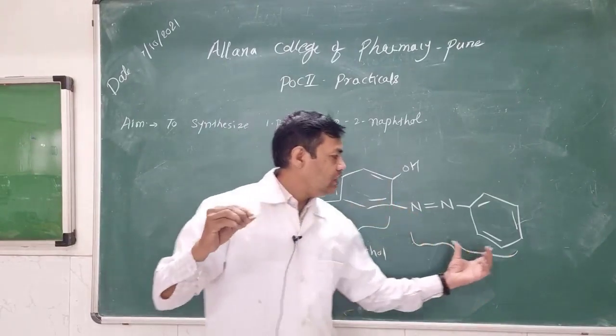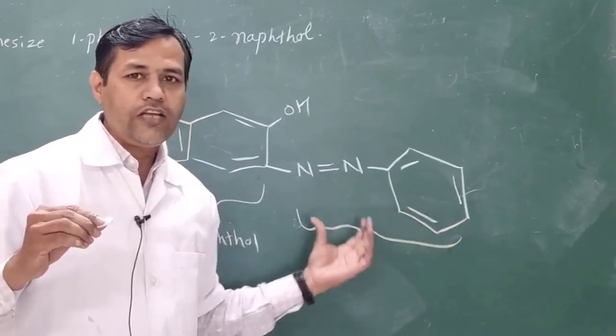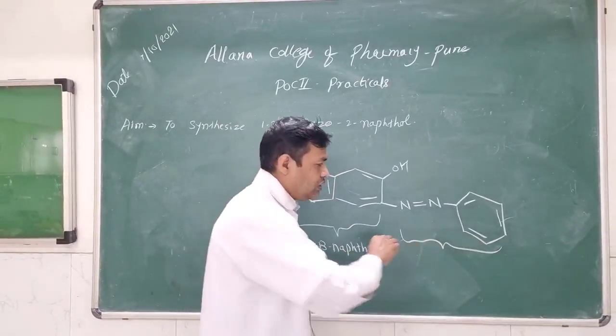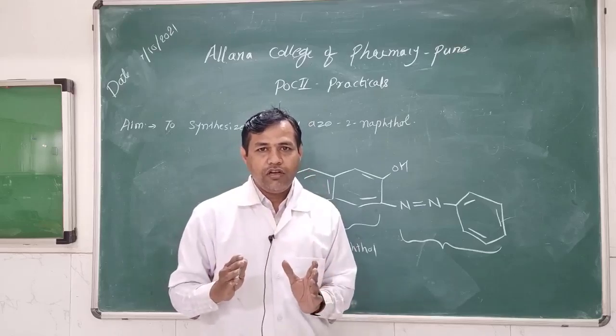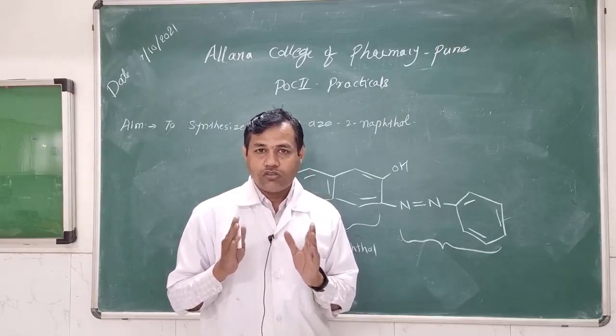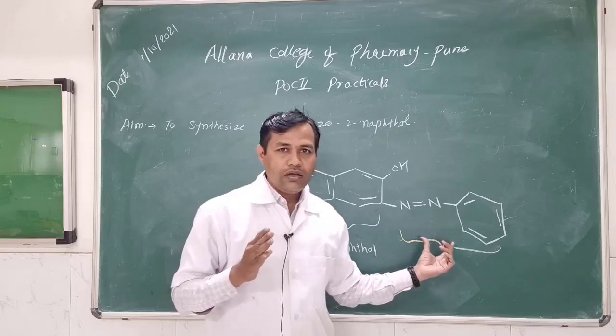If you see very carefully, this part is the phenyl diazonium salt. For this phenyl diazonium salt, we have already studied in the theory that if you react aniline with sodium nitrite and concentrated hydrochloric acid, we easily get the phenyl diazonium salt.